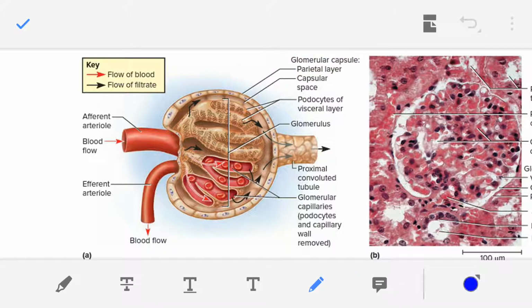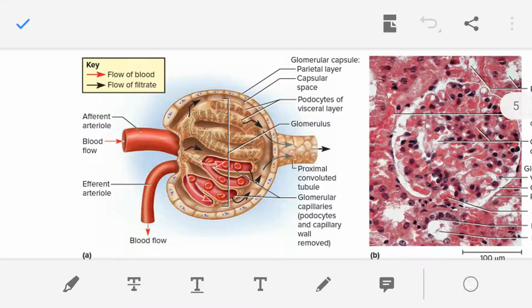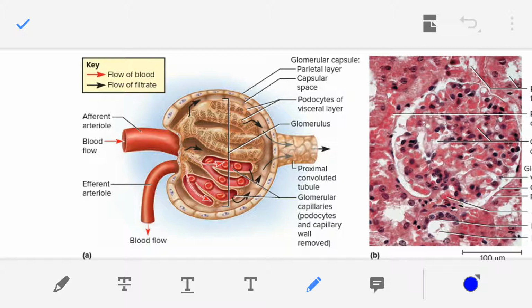Now you see, this is the afferent arteriole, and it has a greater diameter when we compare it with the efferent arteriole. And we know the capillaries are very tiny, and their walls are very thin.